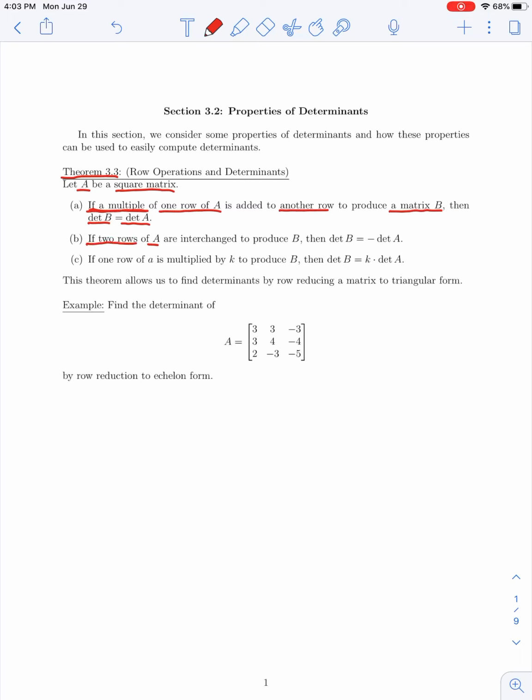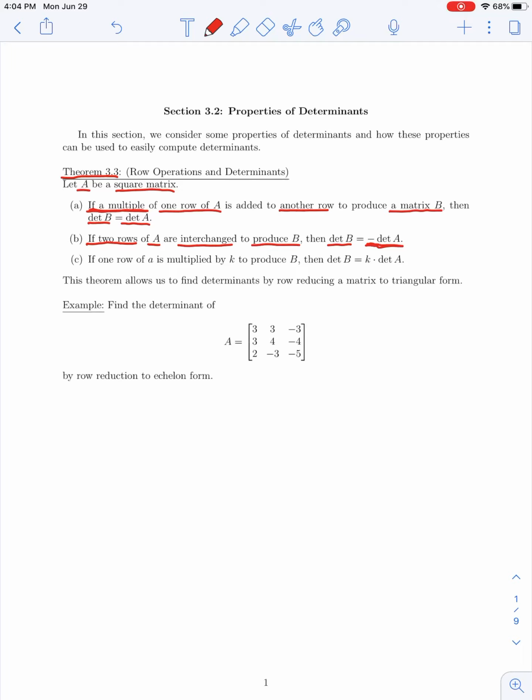So if two rows of a matrix A are interchanged to produce a new matrix B, then the determinant of B is equal to the negative of the determinant of A.